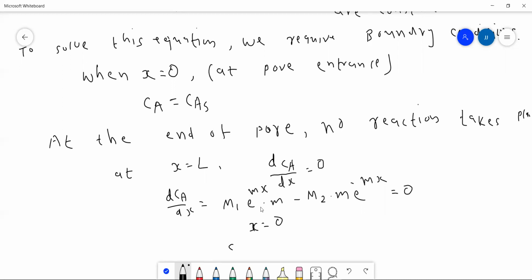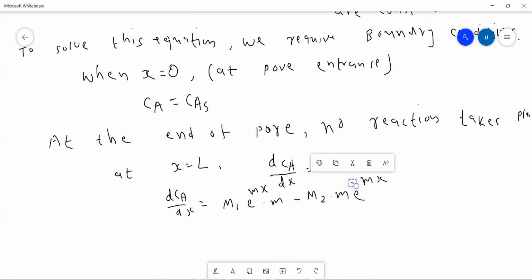Differentiation of this equation is dCA by dx is equal to m1 e raised to mx into m, minus m2 into m into e raised to minus mx.